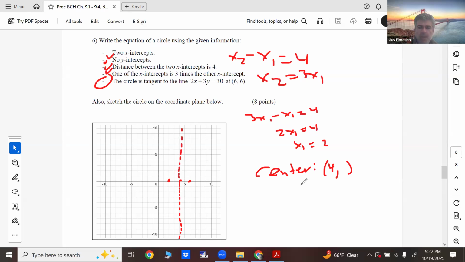So x minus h squared. X minus 4 squared. I don't know the y value.